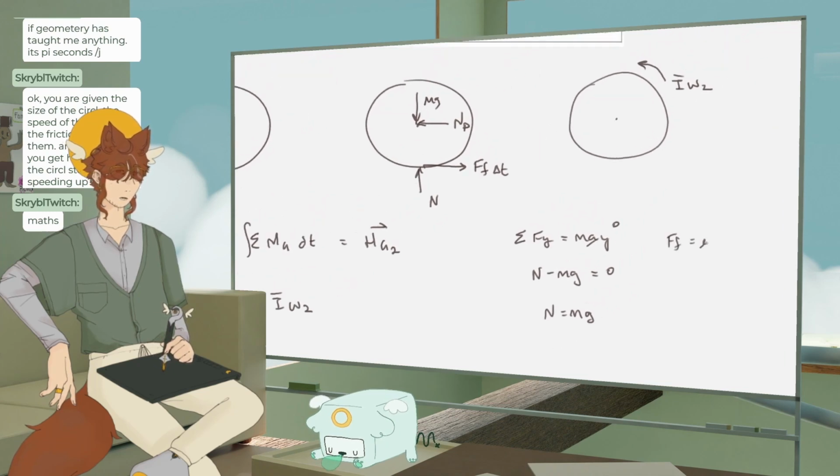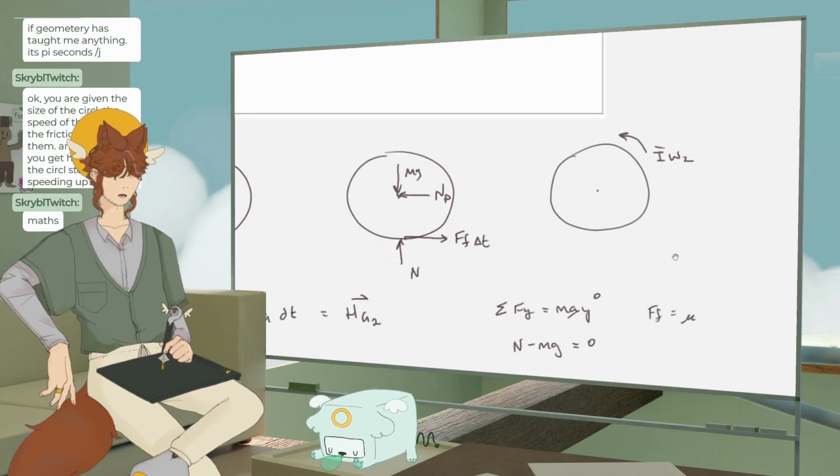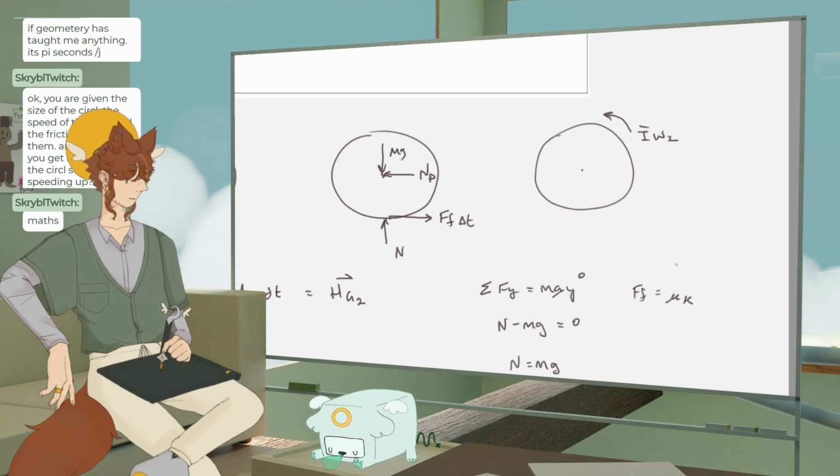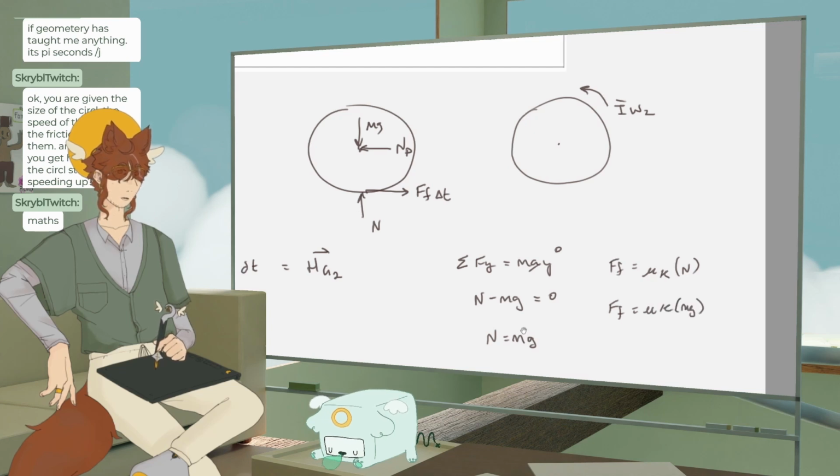The definition is mu. Now in this case, this is mu sub s. Okay, they gave us a mu sub k, so it's mu sub k times n, and that's just our nice little friction definition. So we know that ff equals mu sub k times mg, and now that is all knowns.